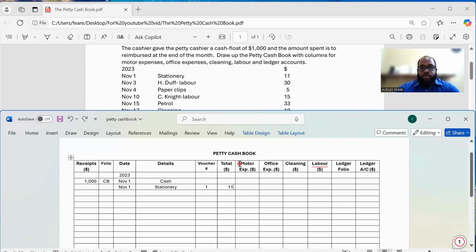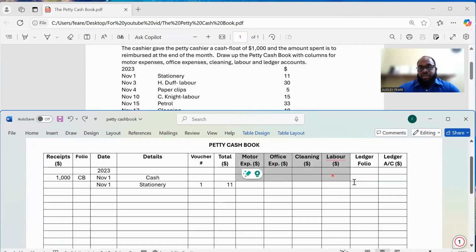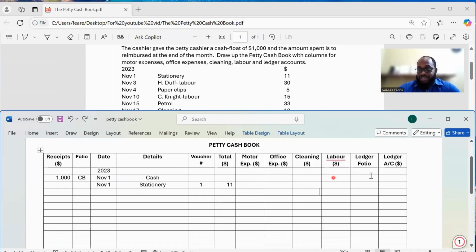The next question we must ask ourselves is, in which of these expense accounts would the stationery be applicable? It would not be motor expense. It would be office expense. It would not be cleaning or labor or ledger. And it is pretty straightforward based on what they tell you. So stationery goes to our office expenses.